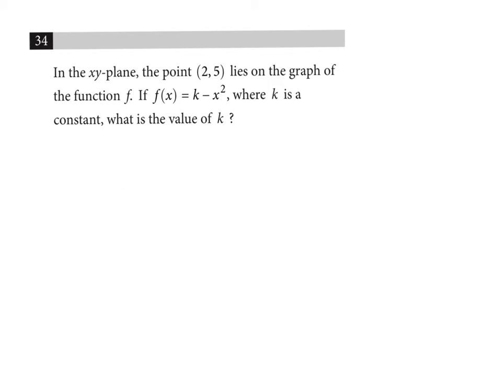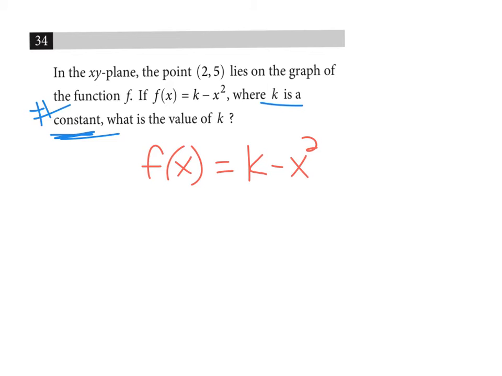Problem 34. In the xy plane, the point (2, 5) lies on the graph of the function f of x equals k minus x squared, where k is a constant. Remember, a constant is just a number, so k is just a number. Find the value of k.